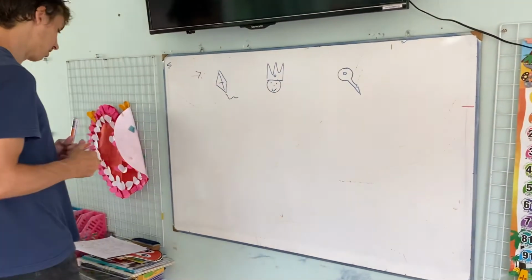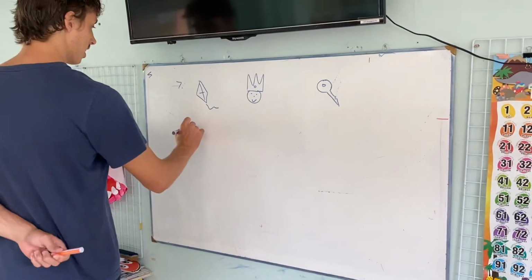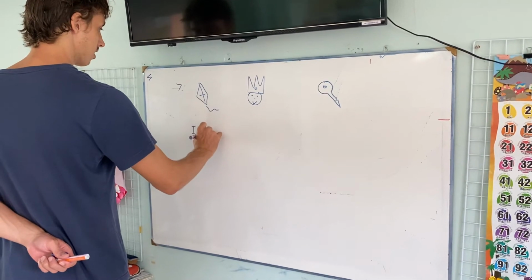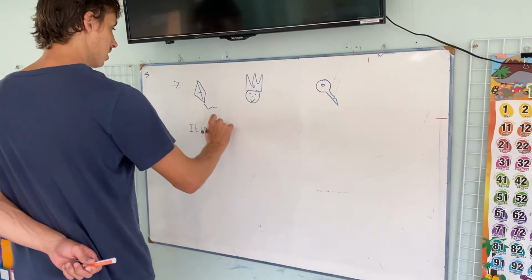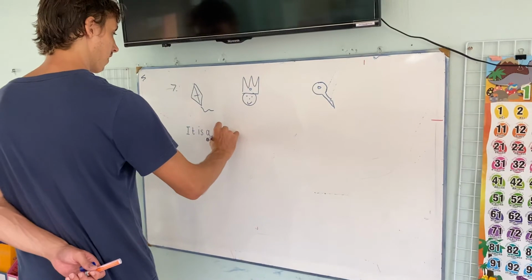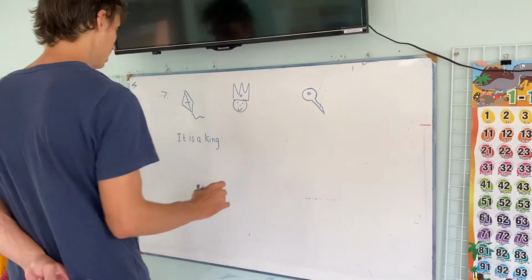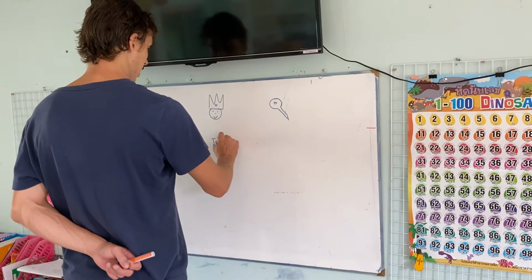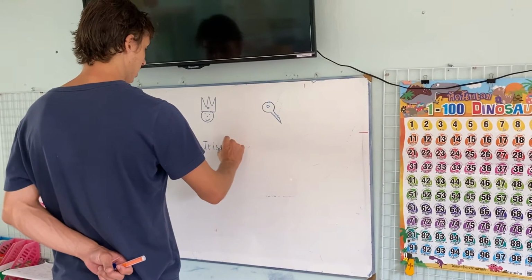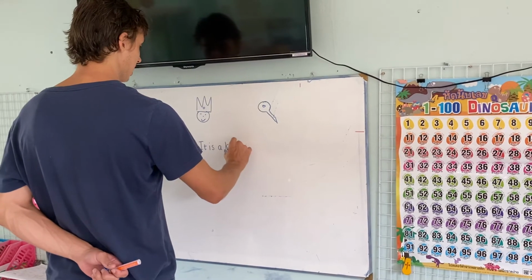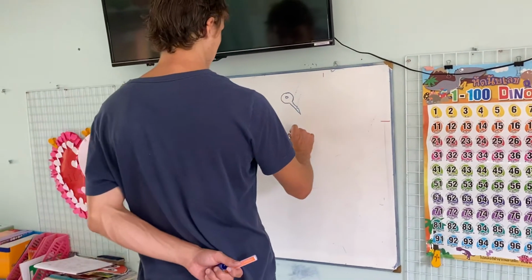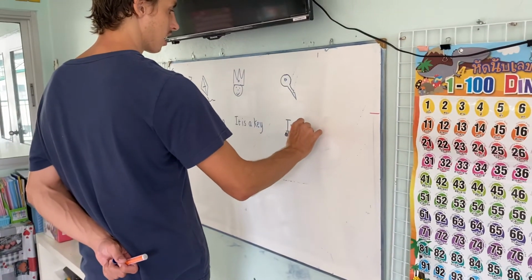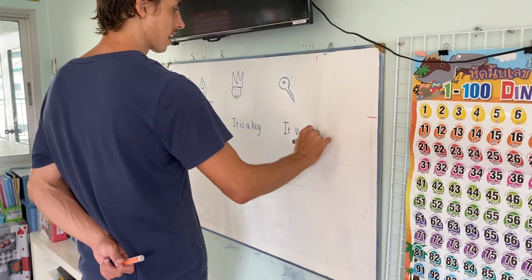And at the bottom it says, it is a king. Then it says, it is a key. Last one, it is a kite.